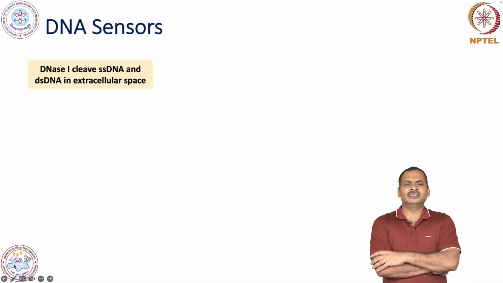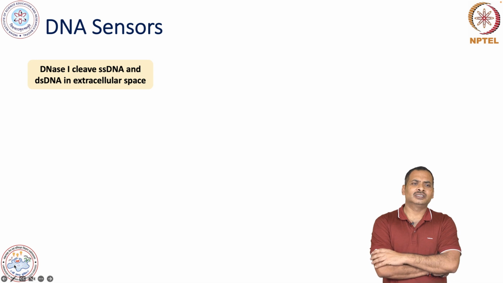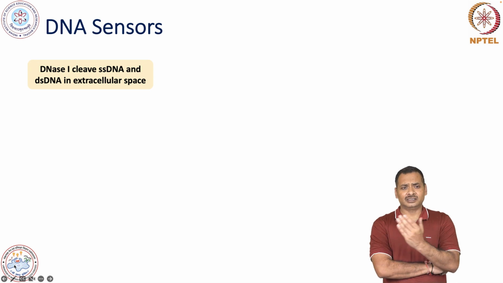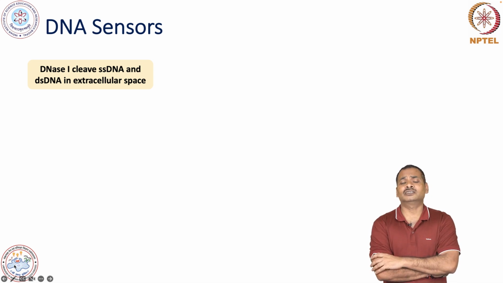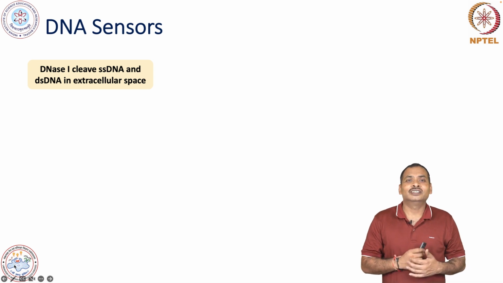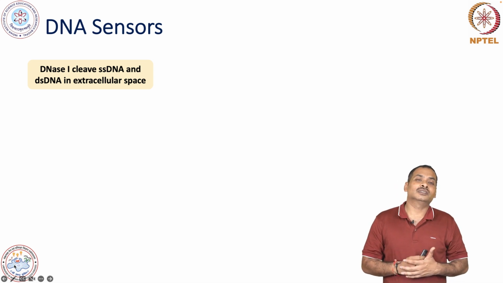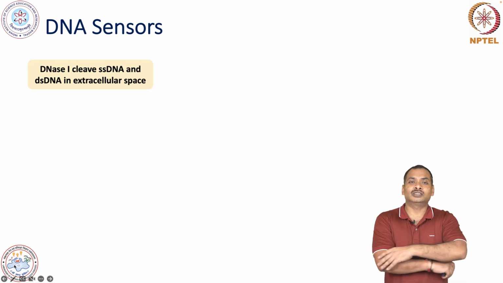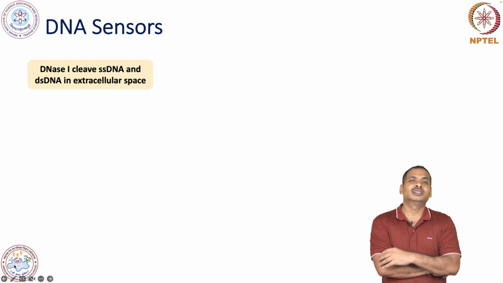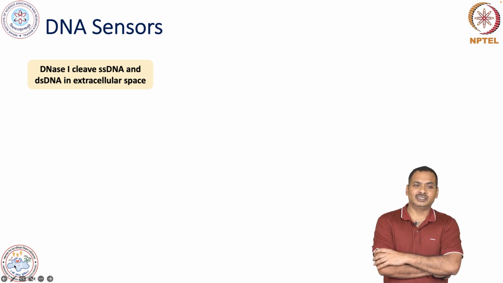DNA sensors could be DNase 1, which can cleave single-stranded and double-stranded DNA in the extracellular space. This is also a protective response, try to understand. If some viral DNA or bacterial DNA is present in the extracellular space, it will be cleaved by DNase 1.